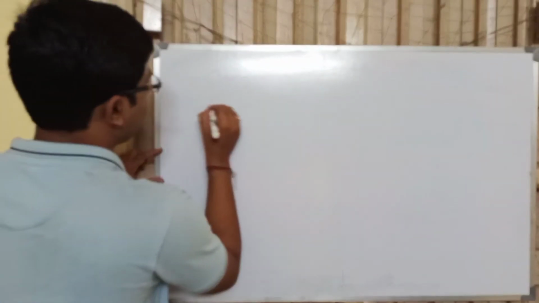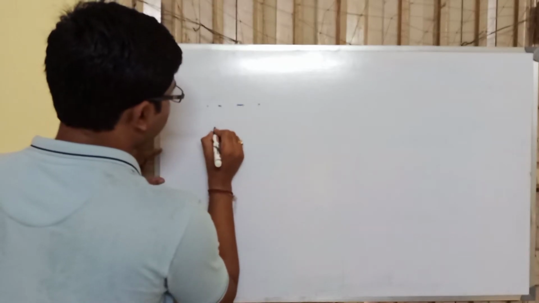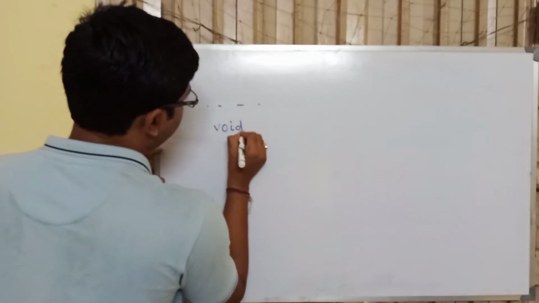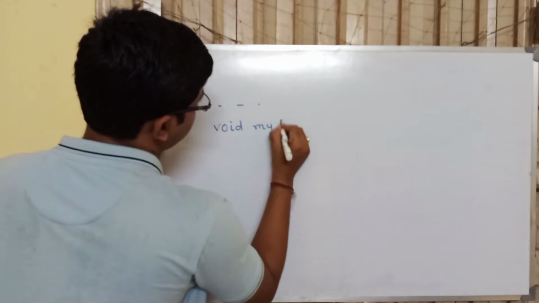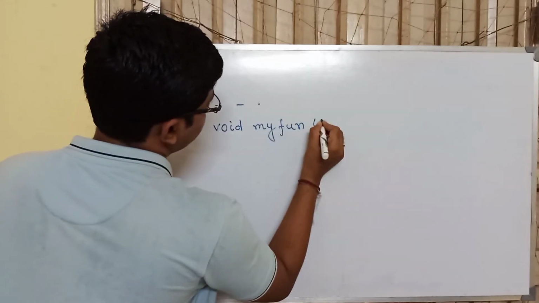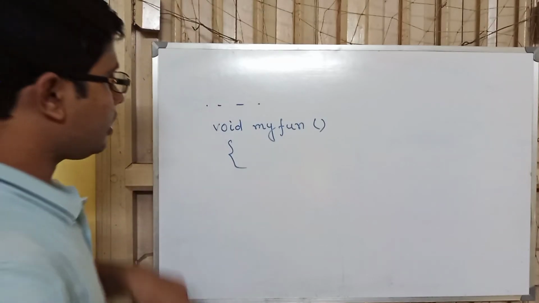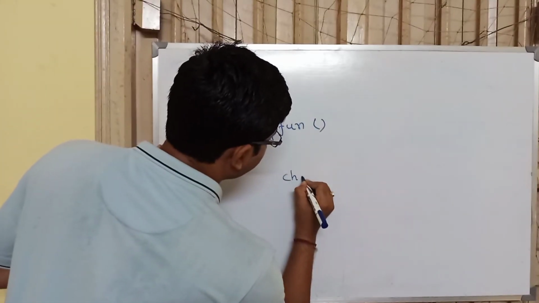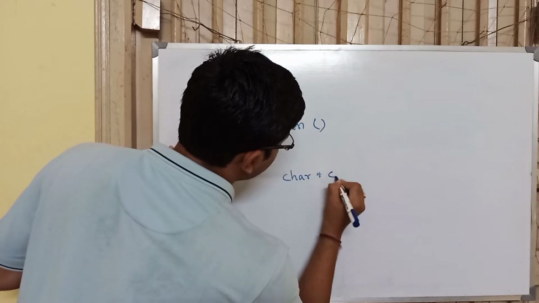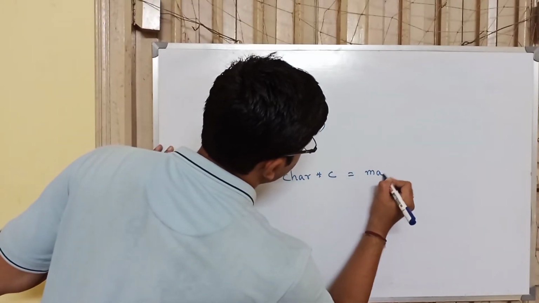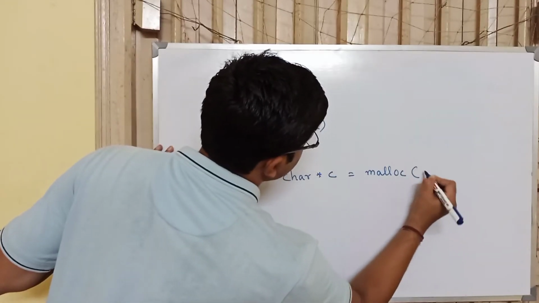Suppose here is a header file and a function, void my func. Then, the same thing, I am creating a character array equals malloc 16.